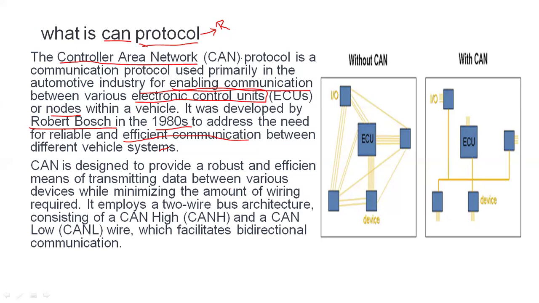Before 1980, the vehicle systems were connected like this: this is my node 1, node 2 and 3, this one has 4 and this one has 5, for example. Each node is connected to every other, here to here, here to here.